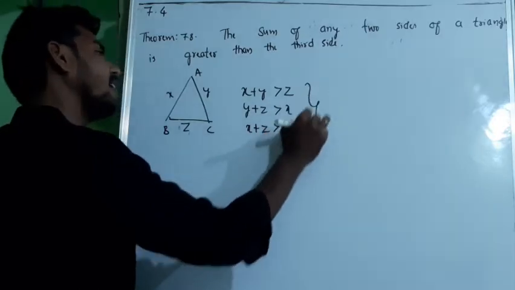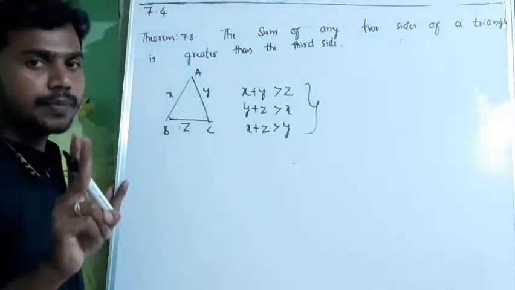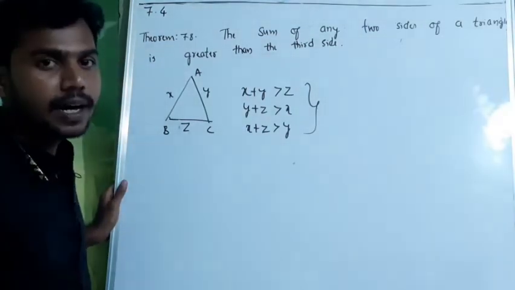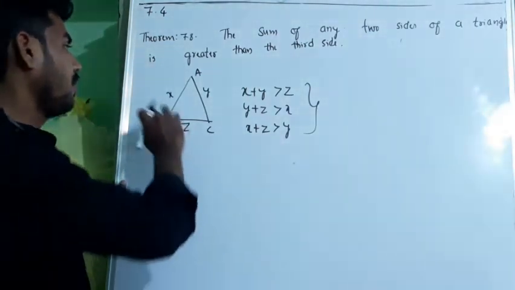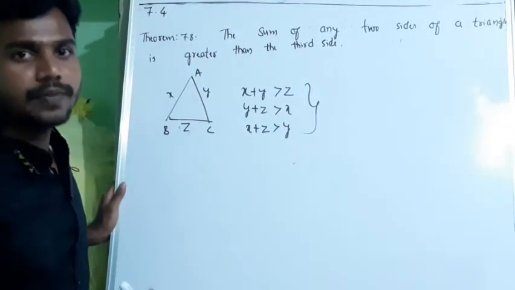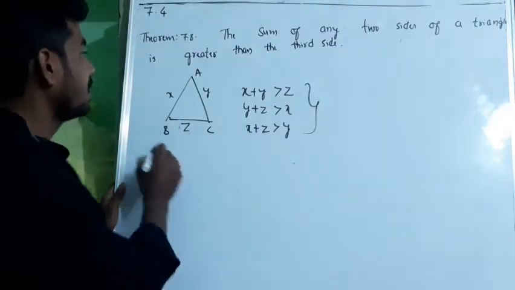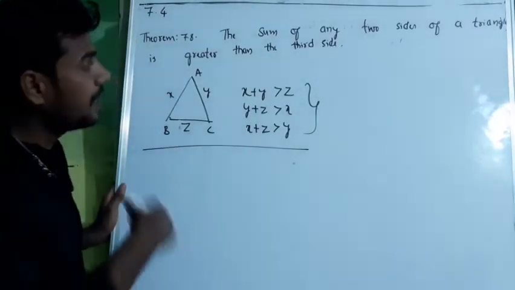So for any triangle, the sum of two sides will always be greater than the third side. This is one of the theorems. Please note this down.